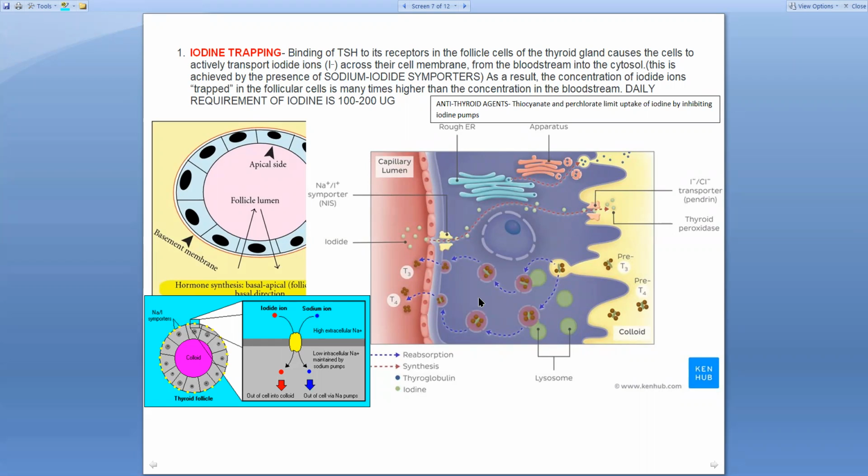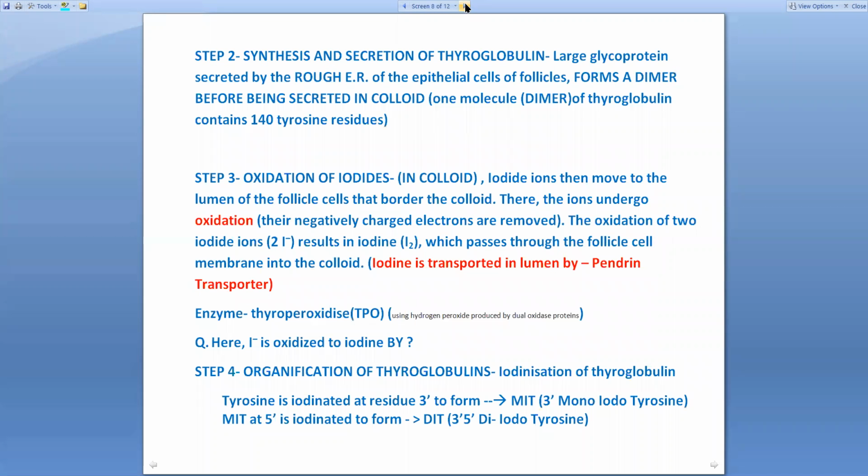Hello students, in the last lecture we have studied the first step of thyroid hormone formation, iodine trapping. Today we will study the next step, synthesis and secretion of thyroglobulin.